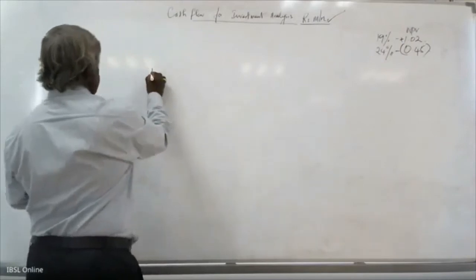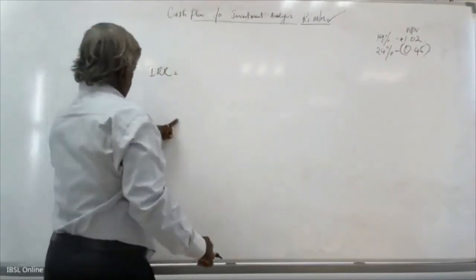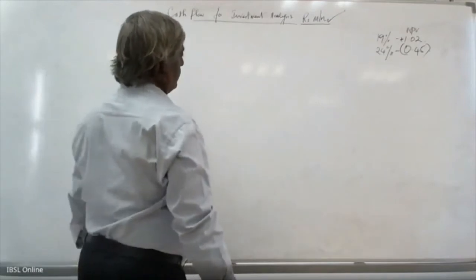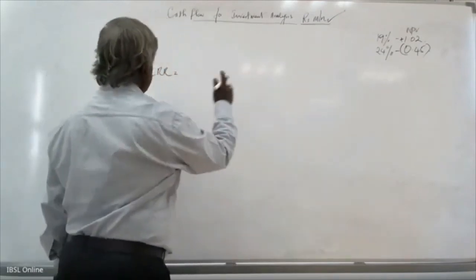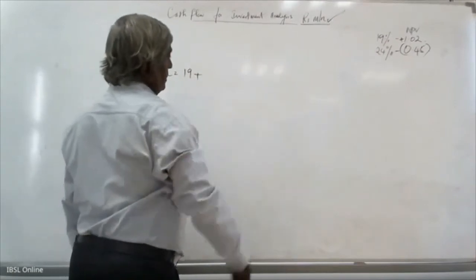So IRR is equal to the lowest discount rate, that is 19%. Here it is for 19%.